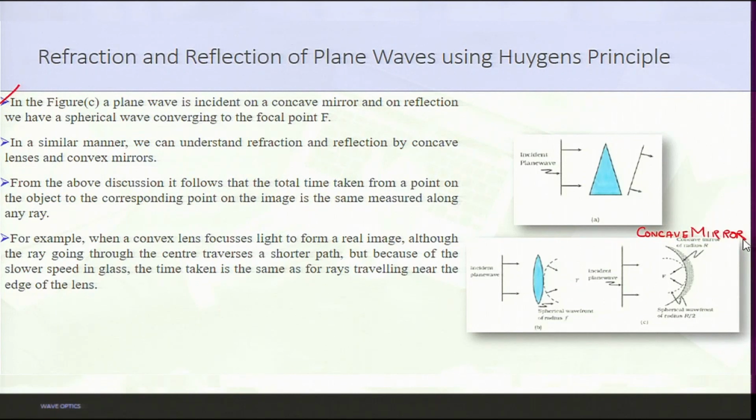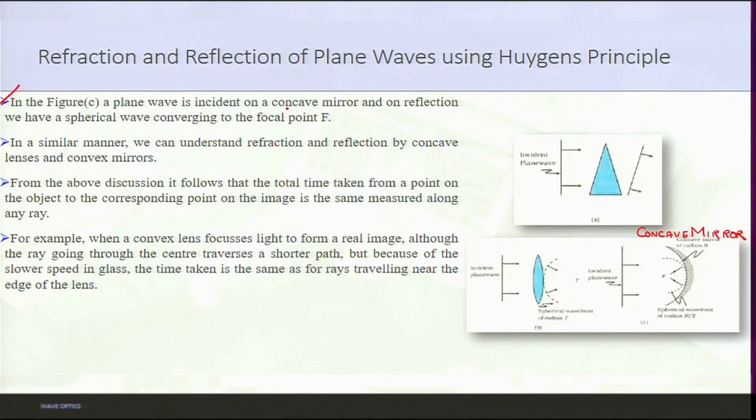A plane wave is incident on a concave mirror and on reflection we have a spherical wavefront. A mirror is a reflecting surface, so there will be no refraction or very minute refraction, but for your 12th class analysis, it is quite clear to understand that a reflective surface is 100% reflective, hence complete reflection will occur and no refraction would occur. Therefore, anything which is incident on a mirror will always get reflected. So, a plane wave is incident on a concave mirror.